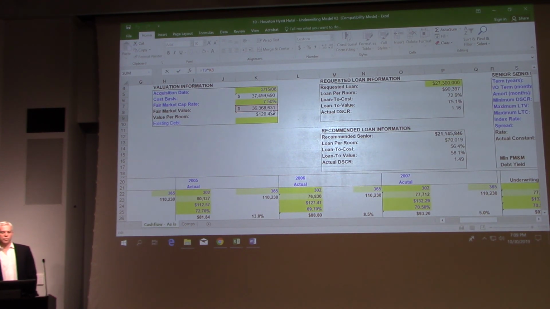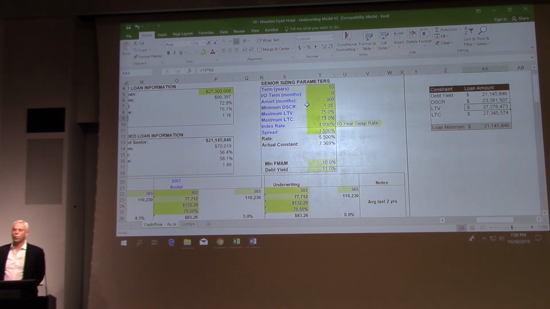So you're taking the value here and you're just multiplying it by 75%. More often than not, you're going to be constrained, I'd say 80 to 90% of the time, by debt yield.